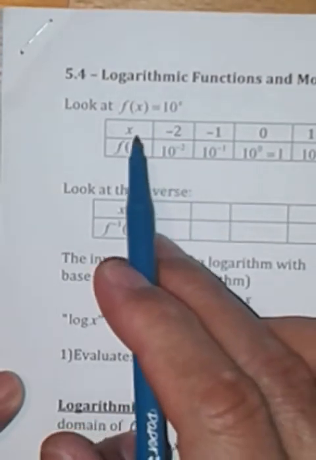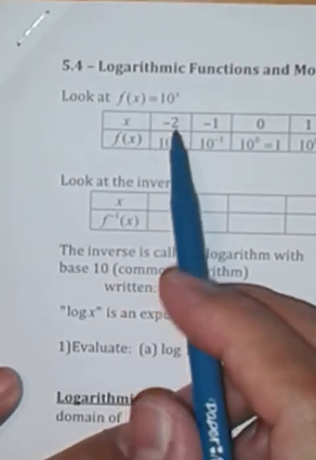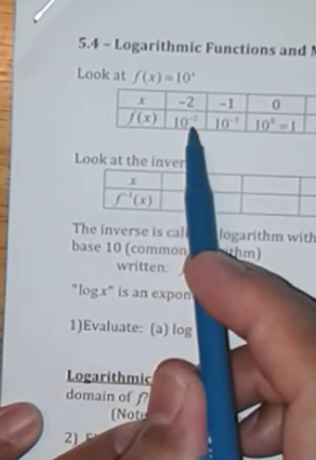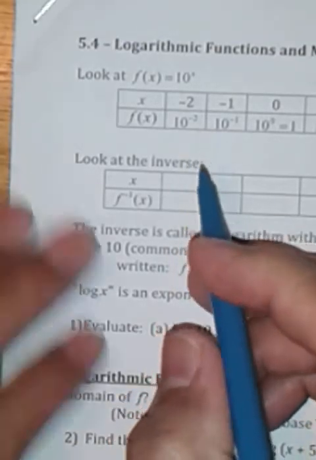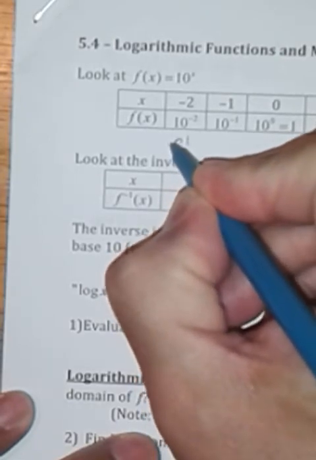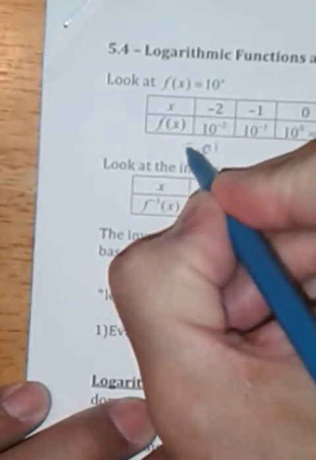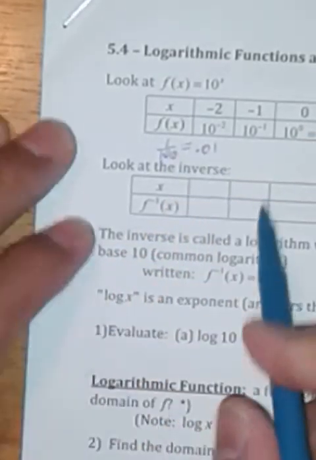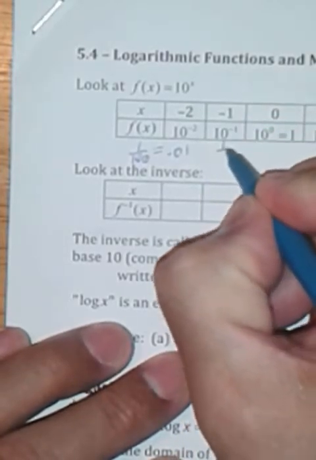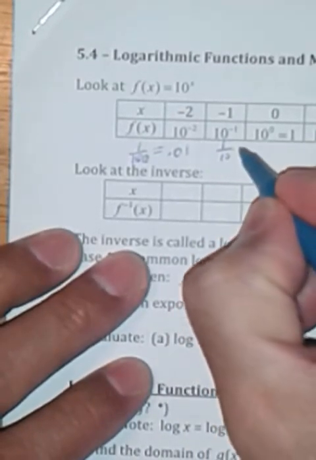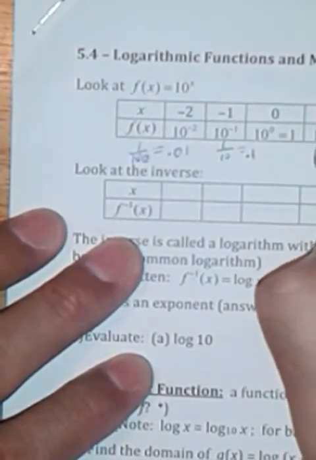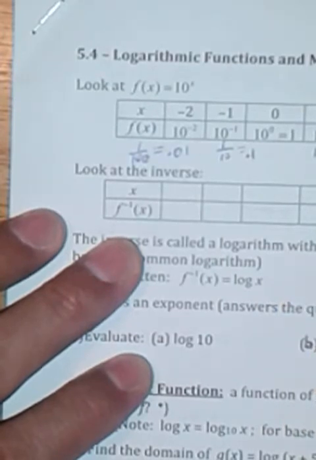If we think about some values of x, not all of them, but a few, like -2, -1, 0, 1, and 2, and plug those in place of x: 10 to the -2, if we simplify it, we could write as 1 over 100 or 0.01. 10 to the -1 is 0.1 or 1/10. 10 to the 0 is 1. 10 to the first is 10. And 10 to the second would be 100.